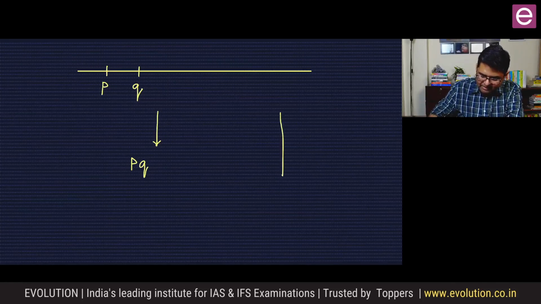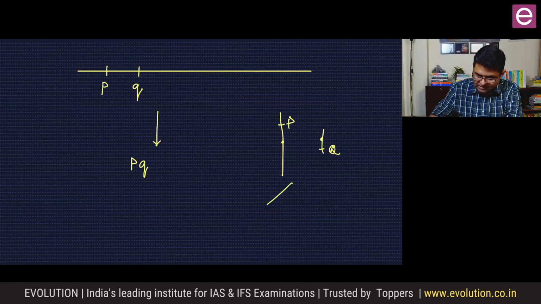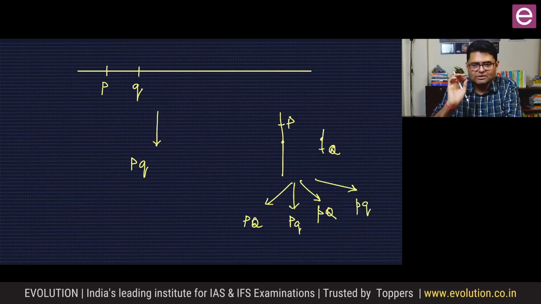Had P been on a different chromosome and had Q been on a different chromosome, and had they been segregating, you would notice that P makes this combination also, and this combination is also possible.